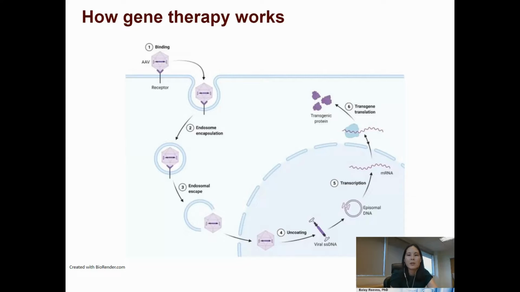The capsids or the viral particles will make their way towards the nucleus. Within the nucleus, the genetic material that is being enclosed by the vectors will be released. That DNA can then be transcribed into mRNA, and then from mRNA, we can get protein translation for whatever our target is that is encoded by those genes.